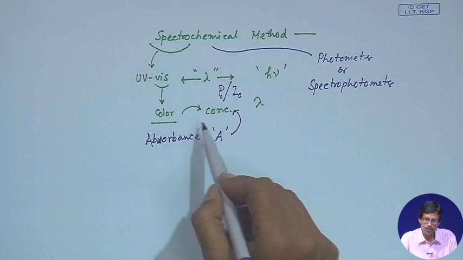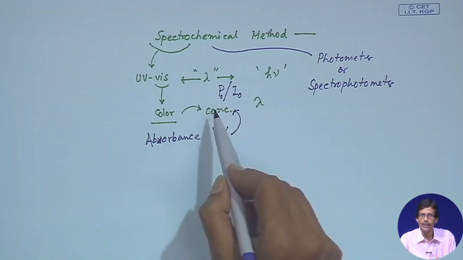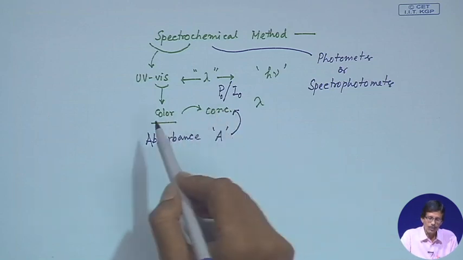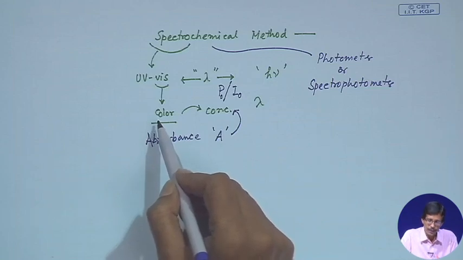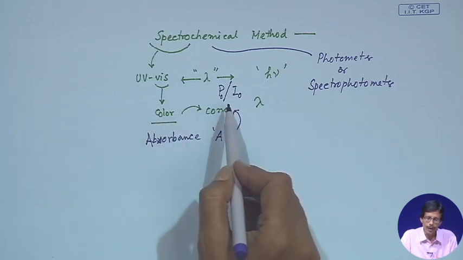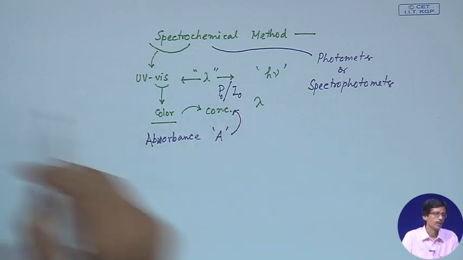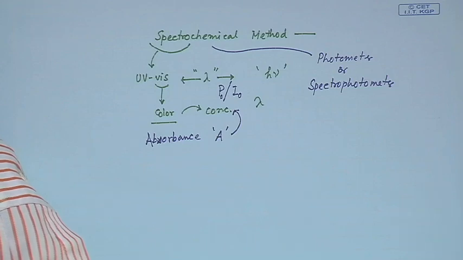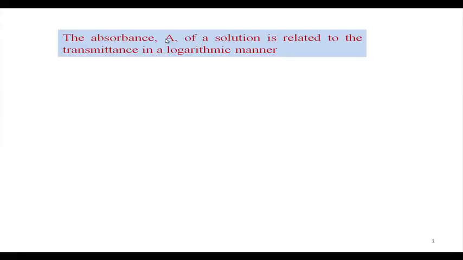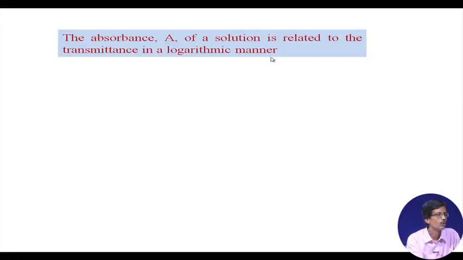That means the species which is responsible for the color also gives the corresponding color intensity, wherefrom we get some amount of absorption of the light falling on the solution. So, let us see how we can quantify all these things. If we have a solution, A, the corresponding absorbance, is related to the transmittance in a logarithmic manner.